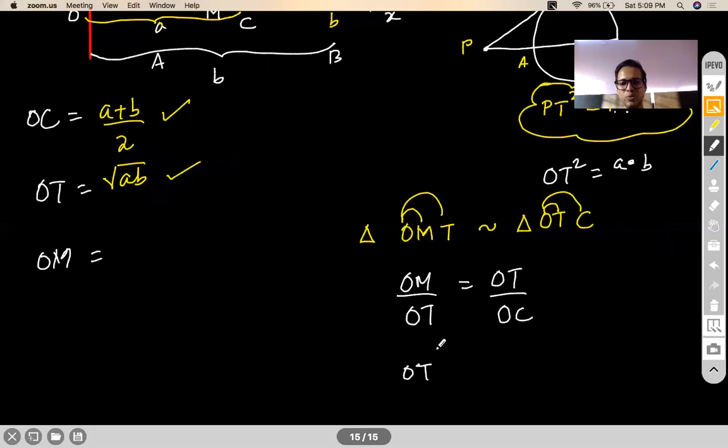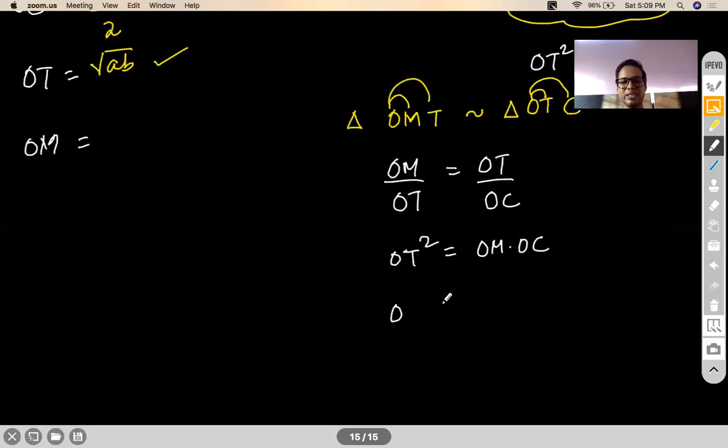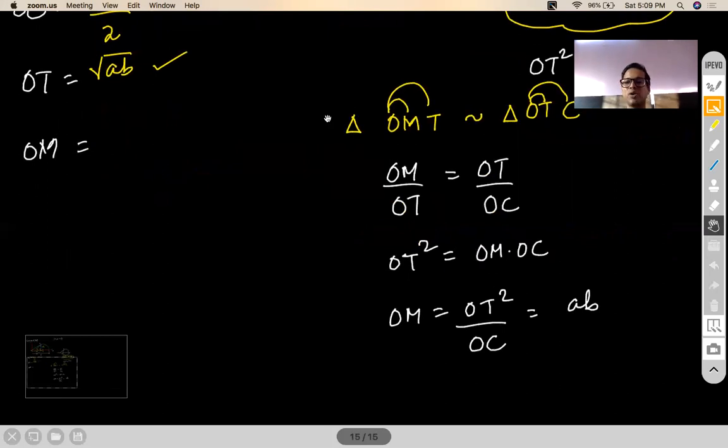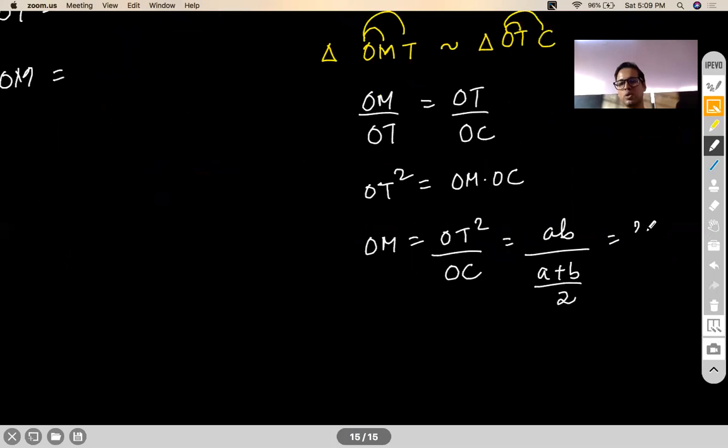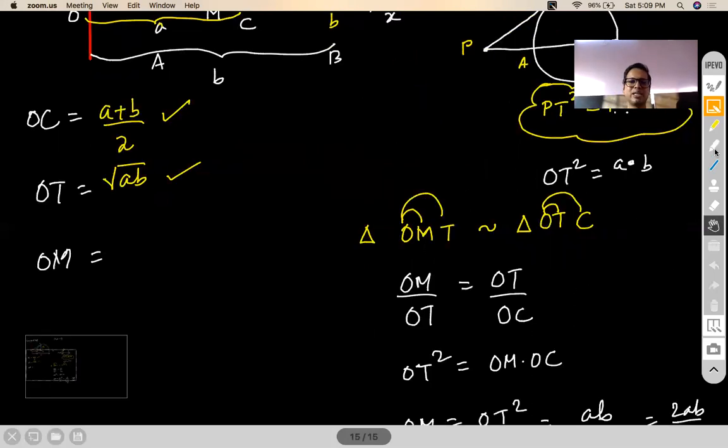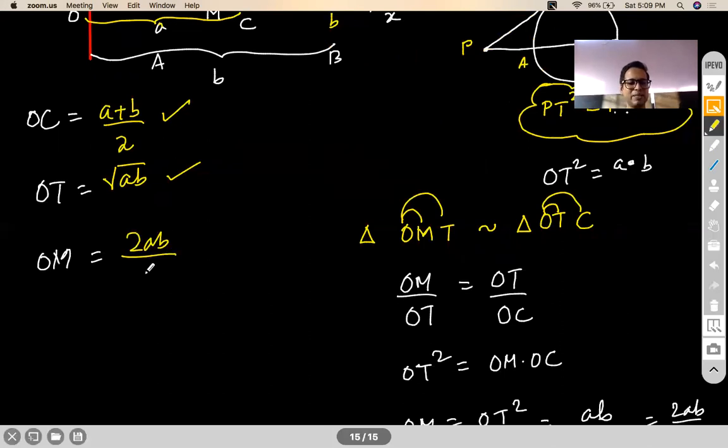That means OT square is OM into OC, which means OM is OT square by OC. OT square is AB, remember, because OT was under root AB, and OC was (A plus B) by 2. So it will become 2AB by (A plus B), and this result becomes 2AB by (A plus B).